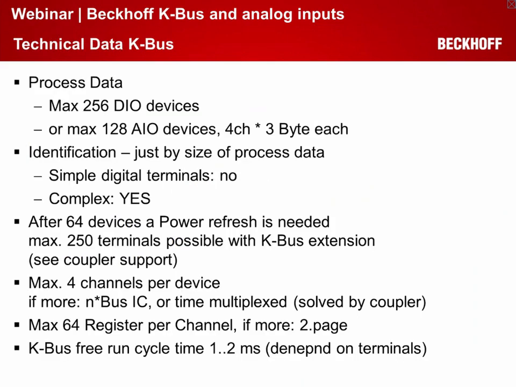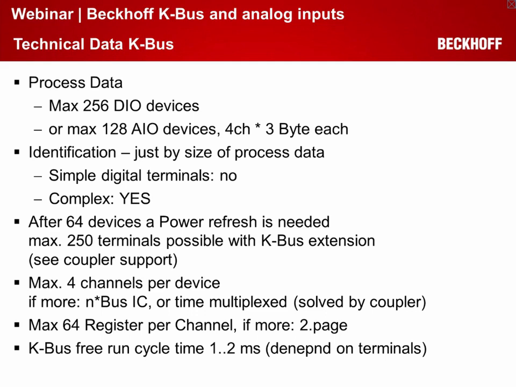Just some technical data about this K-bus system of Beckhoff. You have a maximum of 256 digital input-output devices or 128 analog devices, and each of them can transport up to 12 bytes of data. The complex devices also have an identification, so you can scan it. Normally you have 64 devices after a coupler.